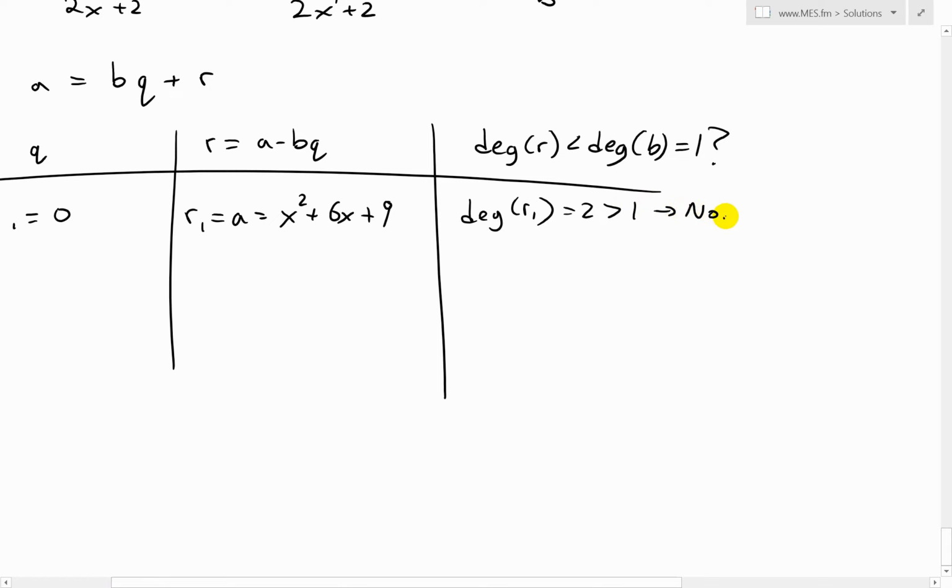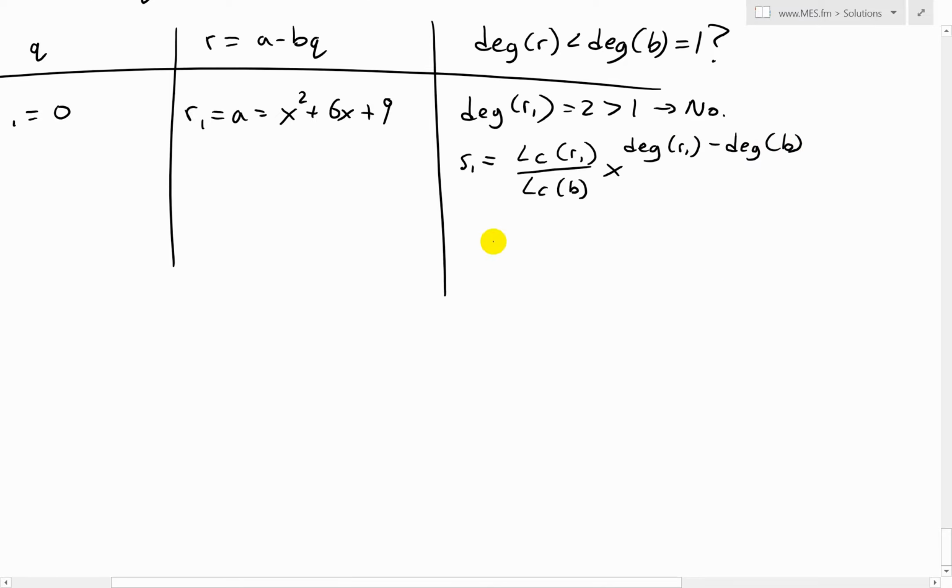So now we have to choose our S1 value. S1 is going to equal, remember, the leading coefficient of R1. So LC of R1 divided by LC of B times x to the degree of R1 minus the degree of B, like that.